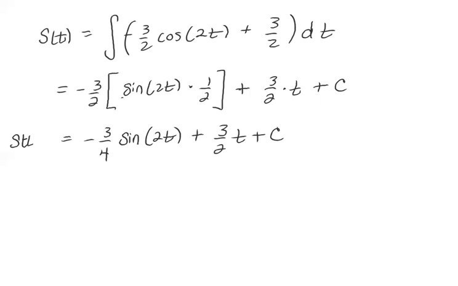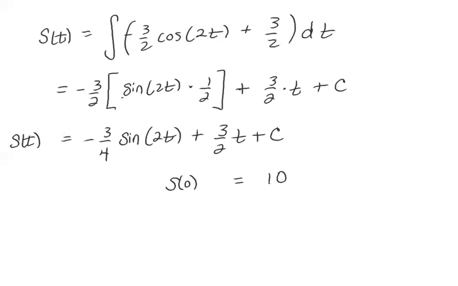This is my position function. I don't want to find the position function with an arbitrary constant. I want to find it exactly. So I'm going to bring in my initial value. I know that s of 0 I'm told is equal to 10.